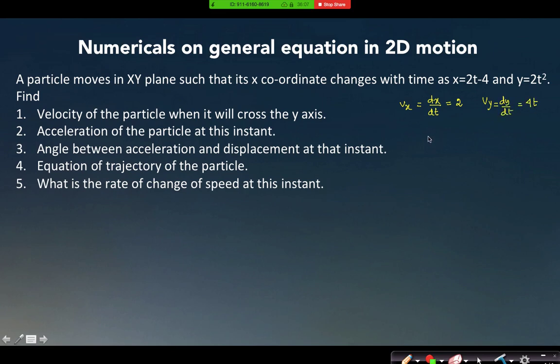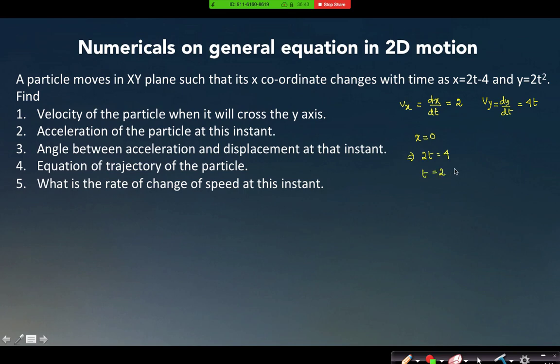At the time when it crosses the y-axis, which coordinate should become 0? The x coordinate should become 0. If x coordinate is 0 at this instant, what will be the time for that instant? 2 seconds. If I make x equal to 0, then 2t minus 4 is 0, so t is equal to 2 seconds.